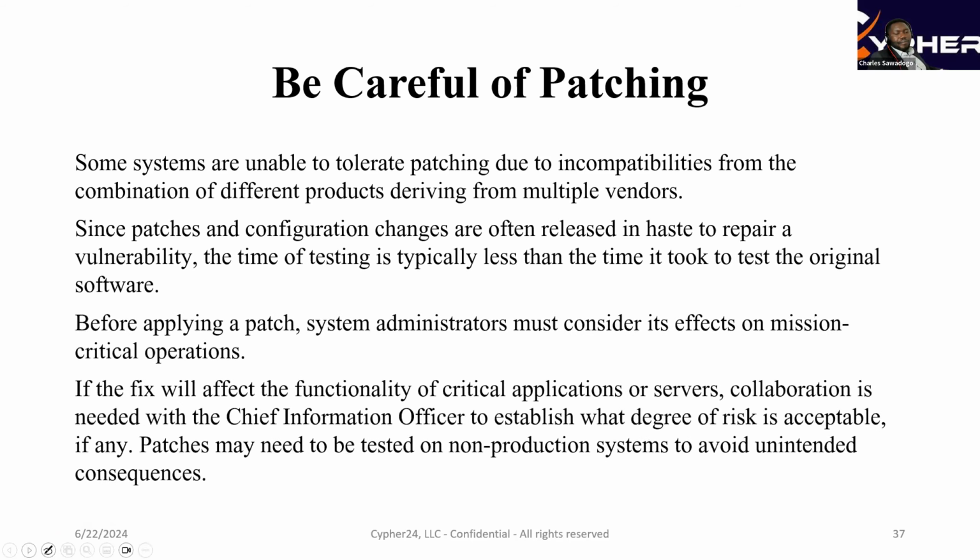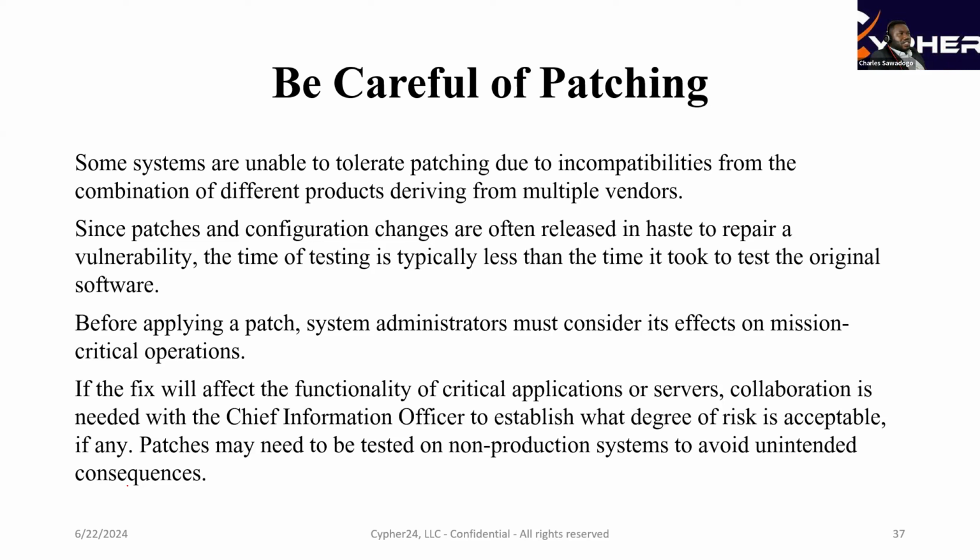So before applying a patch, the system administrator must consider its effect on the mission critical operations. If the fix will affect the functionality of critical applications or servers, collaboration is needed with the CIO to establish what degree of risk is acceptable. Patches may need to be tested on non-production systems to avoid unintended consequences.